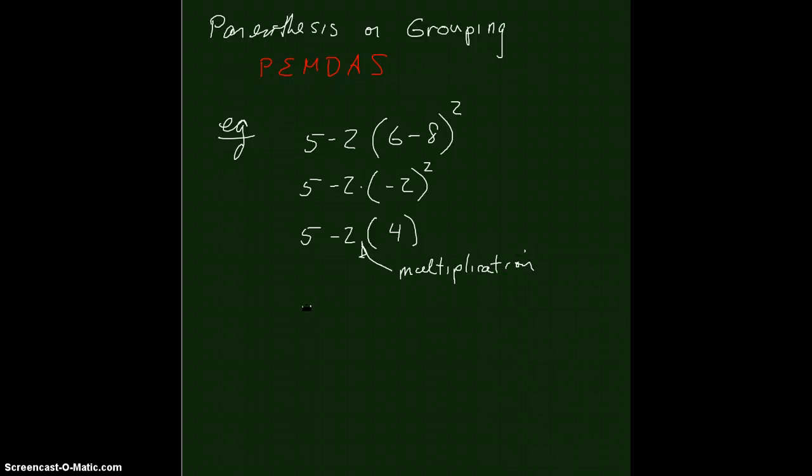Sorry about the writing. So this is 5, so I'm going to do the multiplication first. It looks like I want to keep making that a 3, but I don't. So 5 minus, what's a minus 2 times a 4? Minus 8. So 5 minus 8. So that leaves me with minus 3.